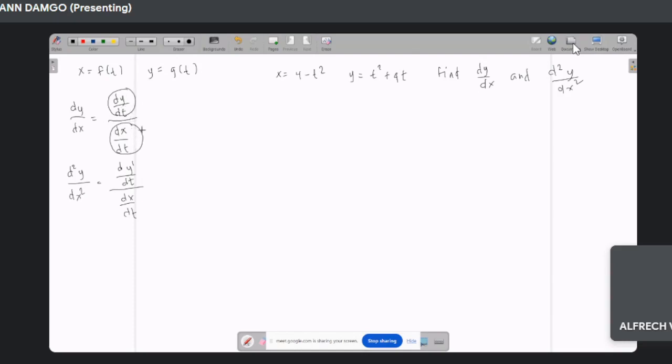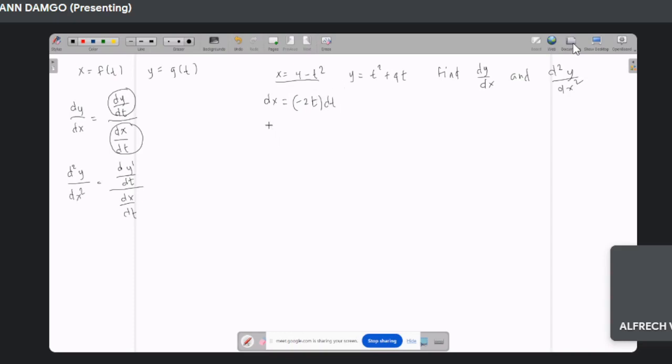So, unsaon man ni nato pag-solve ang dy dt o dx dt. So, ang dx dt, gikan siya ani, no? So, ideally, atong kuhaon ang iyahang derivative. Diba? Ang derivative ani is dx is equal to, so the derivative of 4 minus t squared, so we have negative 2t dt.